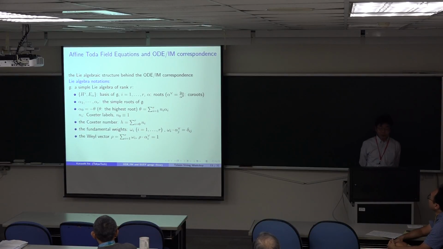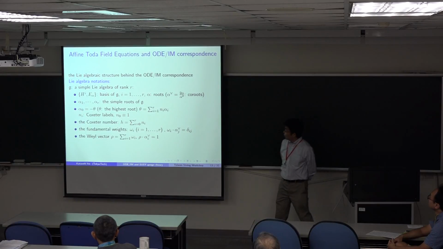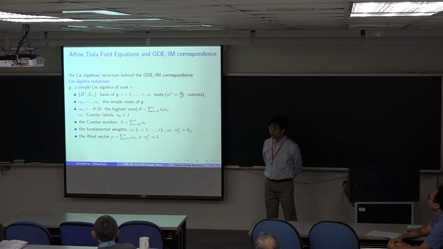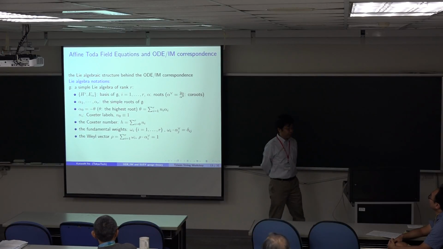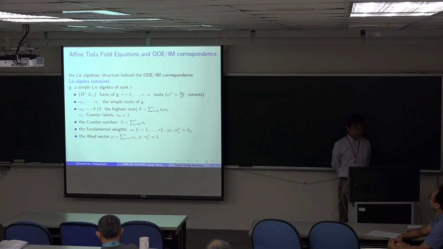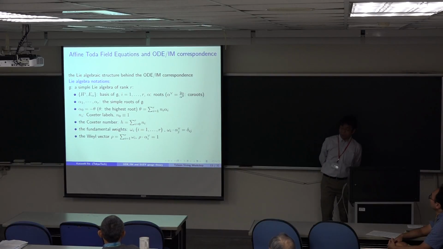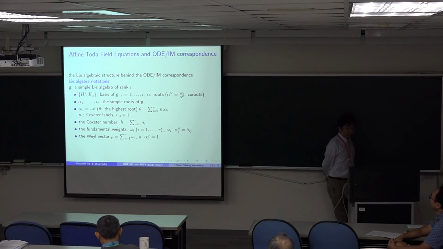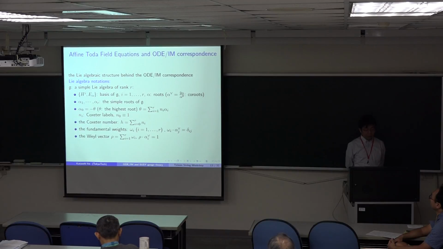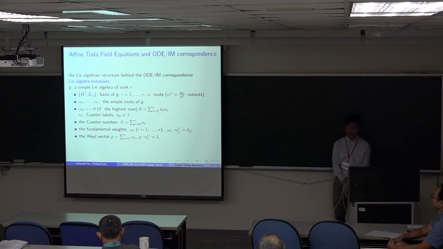G is a simple real Lie algebra with rank R, and H and E alpha is a basis, and alpha 1 to alpha R are the simple roots of G, and alpha 0 is minus the highest root. The highest root is expanded in terms of the simple roots. The coefficients are called the Coxeter numbers. And the sum of the Coxeter numbers is called the Coxeter number. And we also use a weight vector, which are some of the fundamentals.